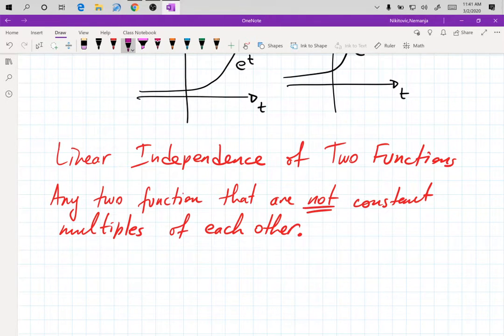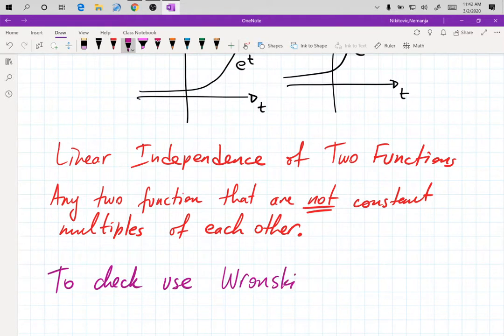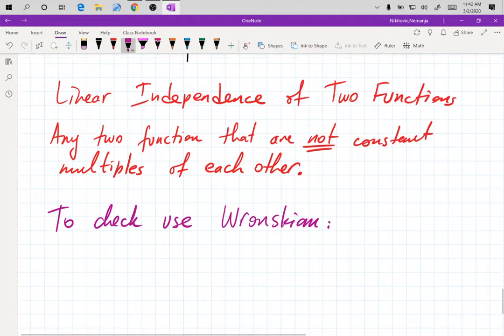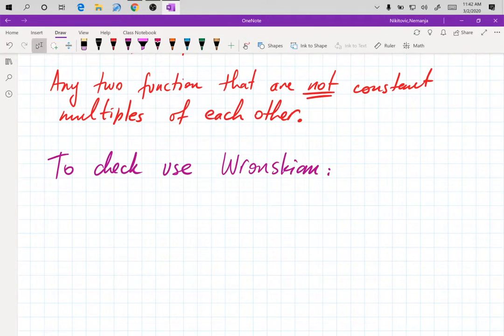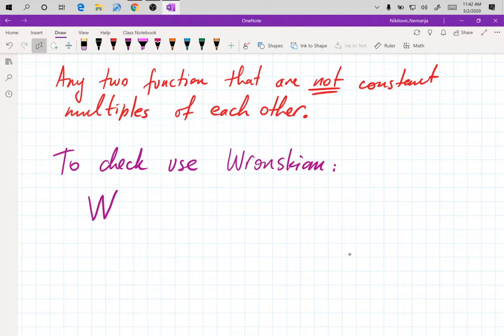Now, to check, use what we call the Wronskian. The Wronskian of y1 and y2 is defined as the determinant of a matrix of the functions.